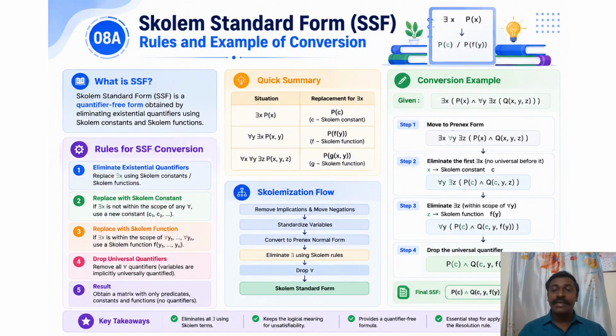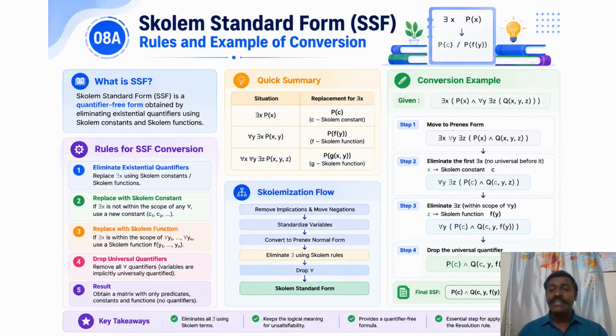So for example, here we are moving to the Prenex normal form, taking all the quantifiers, that means universal y and existential z, to the front. Then we eliminate first the existential x, and there is no universal before it, so we can directly replace it with the constant c.